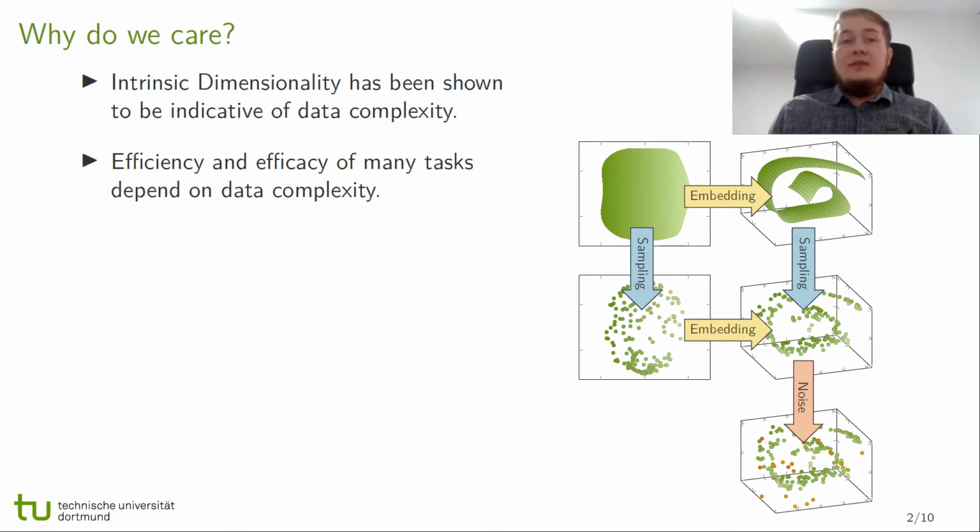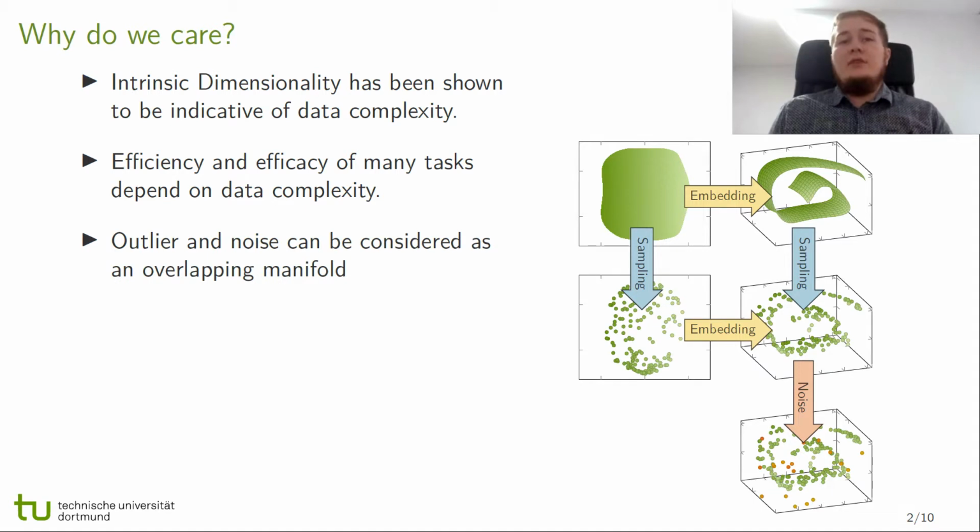As local intrinsic dimensionality varies on a per-point basis, extremal behavior, like inexplicably high or low intrinsic dimensionality, can be used to identify outliers or noise. In the case of an entire set of unrelated noise points, these can be considered an overlapping high-dimensional manifold and identified with local intrinsic dimensionality estimation.